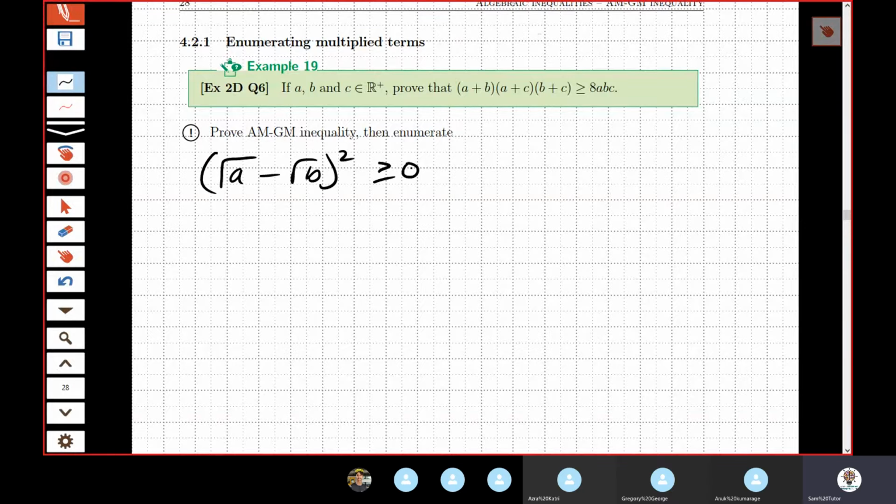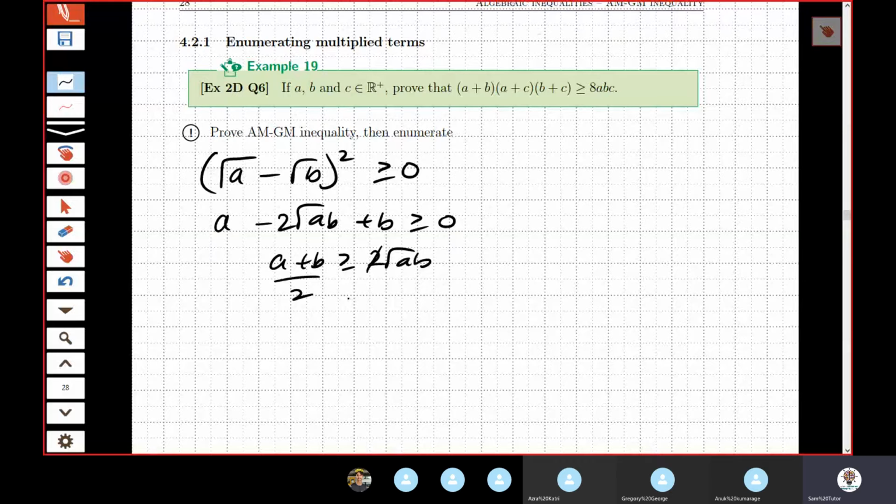That must be greater than or equal to 0. Right? And then when I expand this, look what you get. a minus 2 root ab plus b must be greater than or equal to 0. And then you end up with the same result of your arithmetic mean and geometric mean, your AM and GM. So you've got this. That's fantastic.